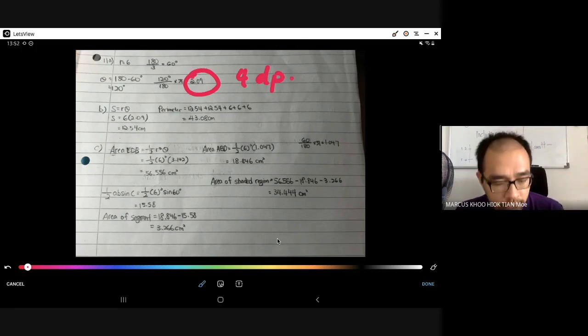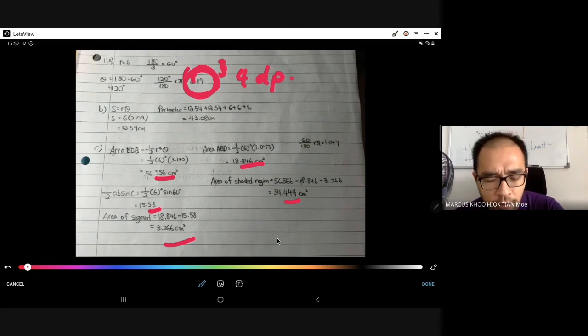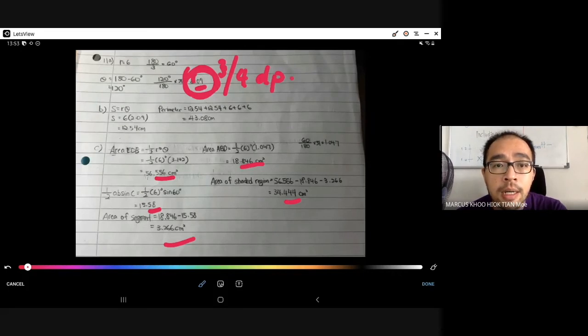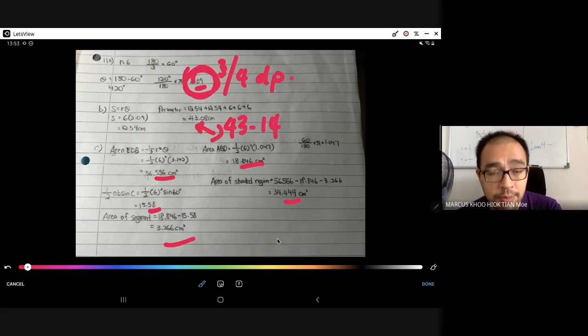Okay, because it's so nice that everything you did after that is 3, 3, 3, 3, 3, but at the beginning itself you already did 4 lah. Okay, either 3 or 4 decimal places. I would actually not really go for 2 decimal places because in the marking scheme, the second answer is 43.14. Okay, almost same lah. Okay, I'm not saying it's much of a difference.